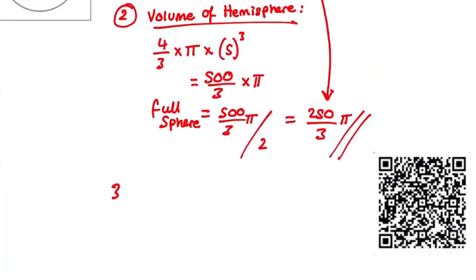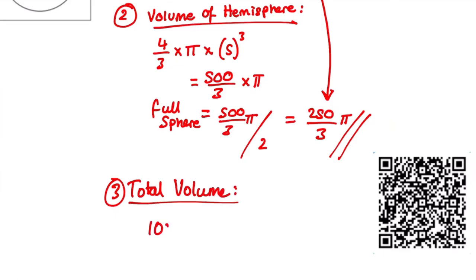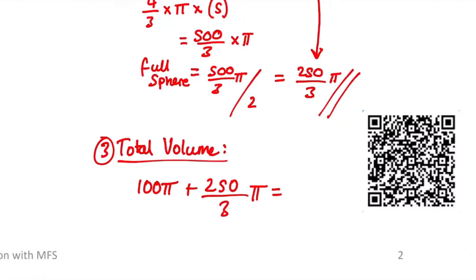So we're going to work out the total volume now by doing 100 pi add 250 over 3 pi. And when you do 100 add 250 over 3, you get an answer of 550 over 3 pi. Okay, and that's what your final answer is, 550 over 3 pi.